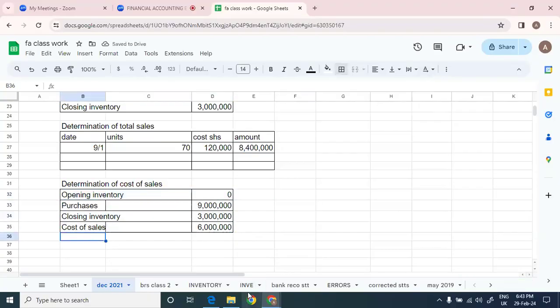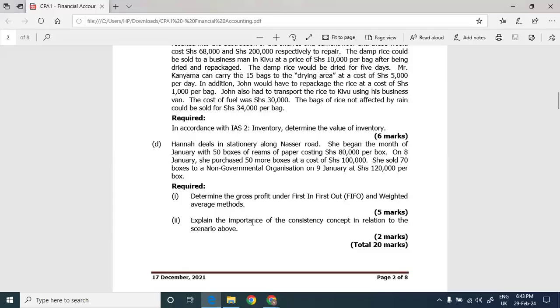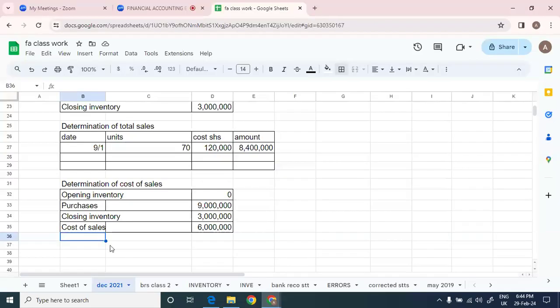Lastly, when you look at our question, the question is saying that we determine the gross profit under each method. So we come here, we say determination of gross profit.